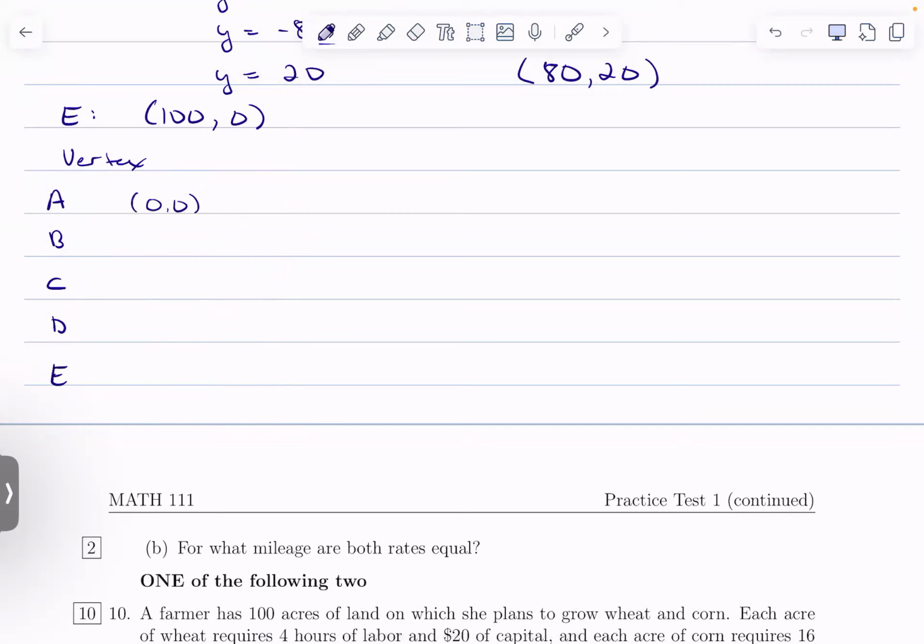A was at 0, 0, B was at 0, 50, I want to say. C at 40, 40, D at 80, 20, and E at 100, 0.